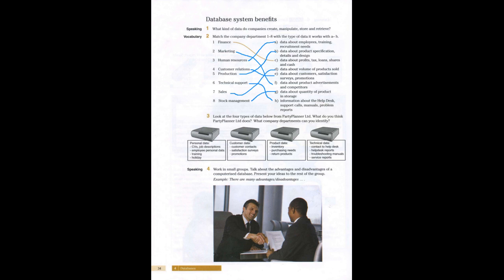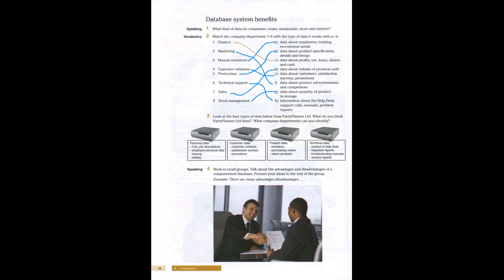Number 4, work in small groups. Talk about the advantages and disadvantages of a computerized database. Present your ideas to the rest of the group. There are many advantages and disadvantages. You all know by now the meaning of database.